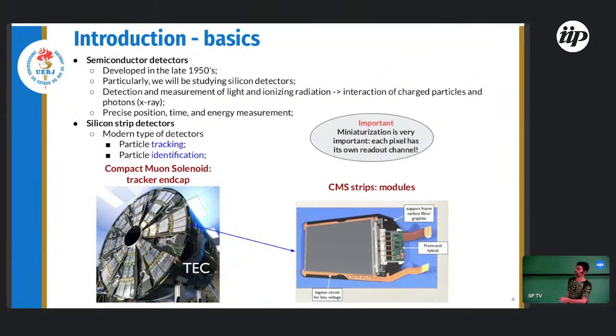This is the tracker of the CMS, and as you can see here, we have many modules, as you can see in this picture on the right. Each of these modules has a lot of strips that are very segmented inside the detector. And what is important here is that due to the miniaturization of the electronics, we have very precise measurements compared to before, right?